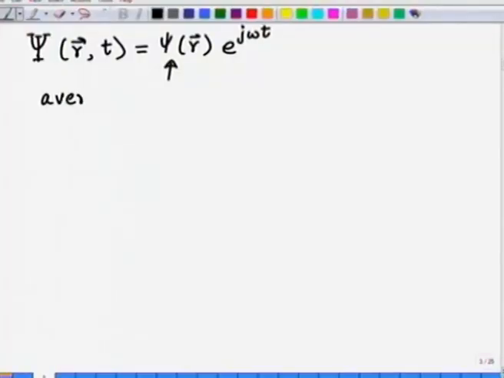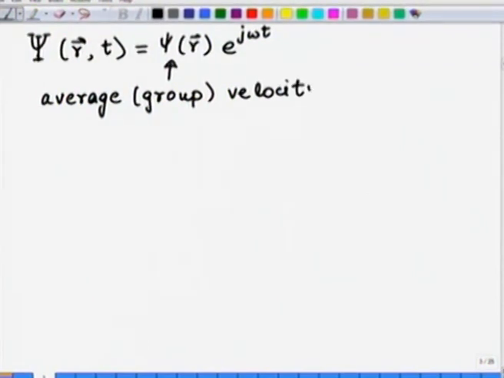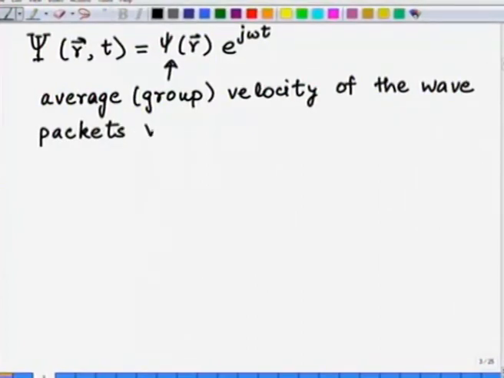If I look at the average group velocity of the wave packets, then that quantity V is the velocity by which the energy is transmitted, is traveling.